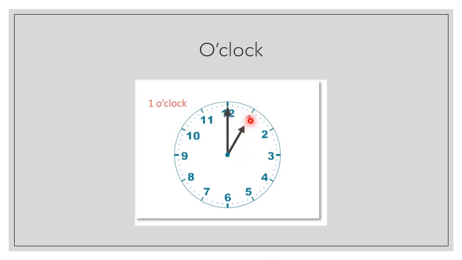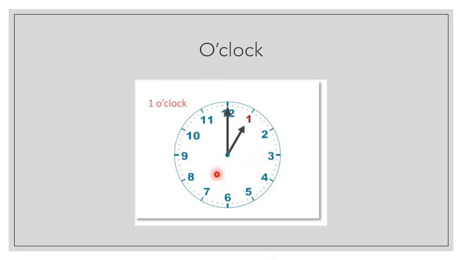So for this one, we're going to say the number for the short hand first. Untuk o'clock ni kita akan baca nombor yang ada pada tangan yang pendek dahulu. Like for this example is number 1. So number 1 followed by the word o'clock.